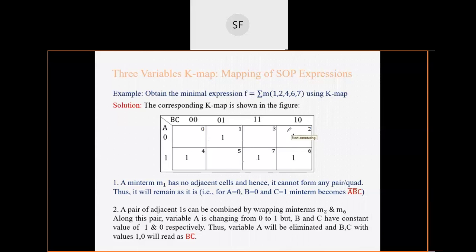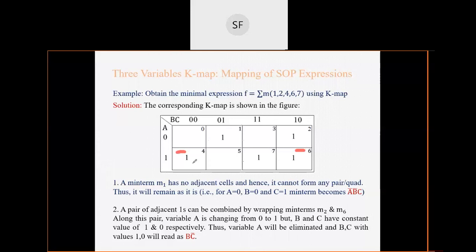You can observe these two are adjacent ones, these two are adjacent ones, and again if you observe this cell and this cell, these you can see directly. But now observe this cell, that is min term 4, cell number 4 and cell number 6.